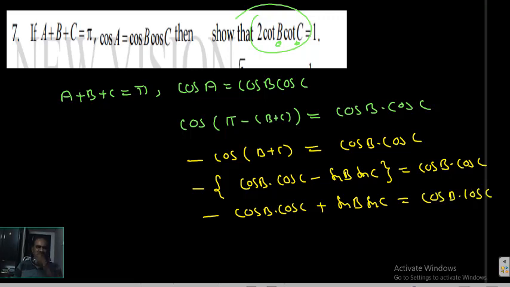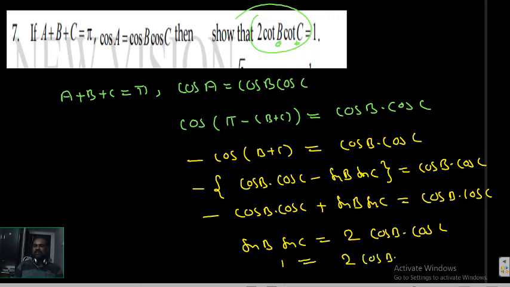Okay, so sin b sin c equal, transferring that side, we get 2 into cos b cos c. So 1 equal to 2 cos b cos c by sin b sin c. I divide throughout by sin b sin c.